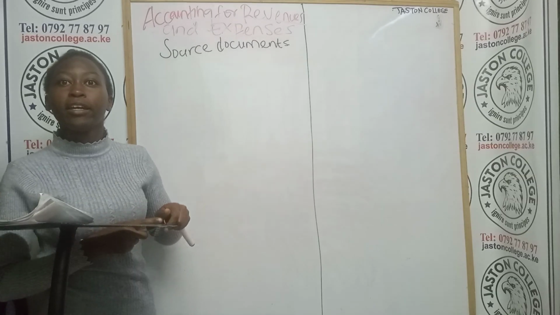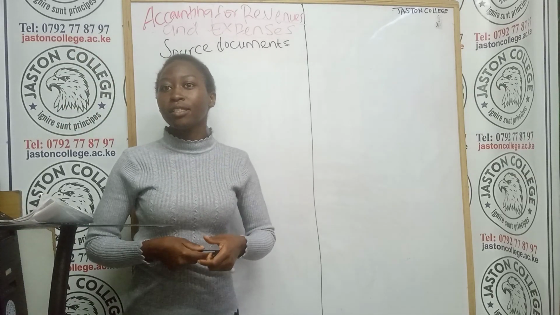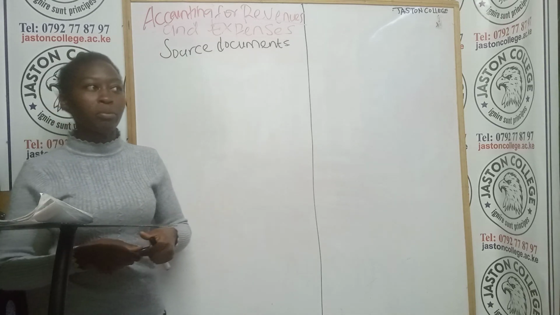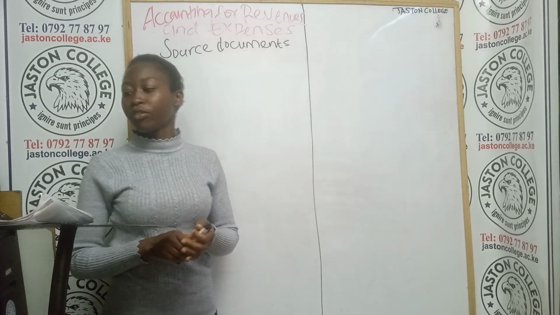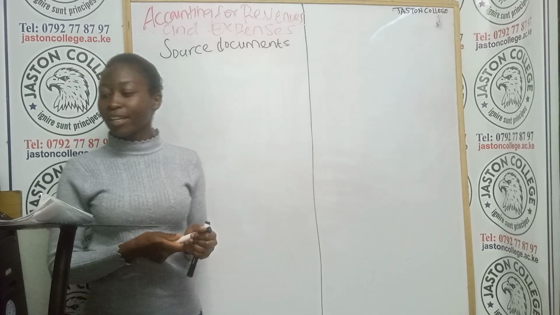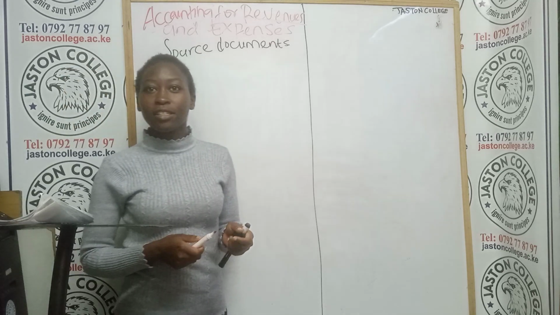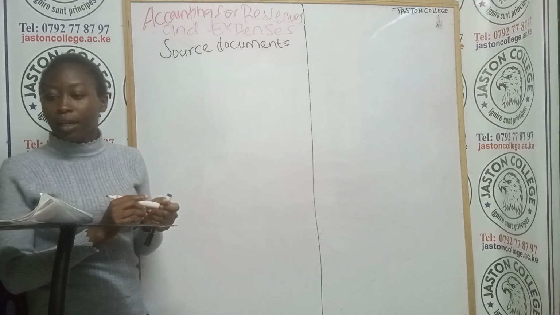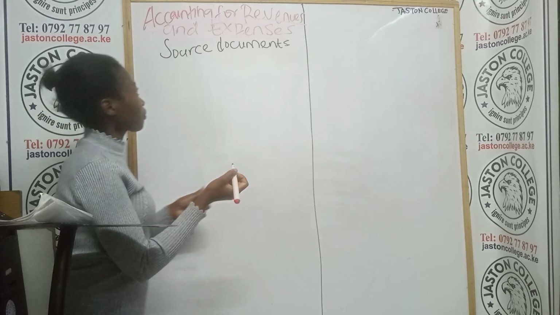So these are the documents that we get in any transactions that we make. Let's say the likes of receipts, the bills, the statements, the checks, the invoices, all those are our source documents.